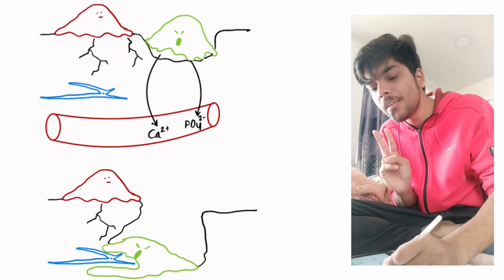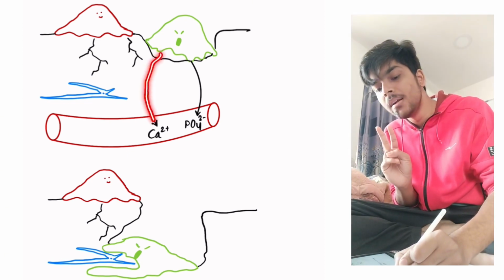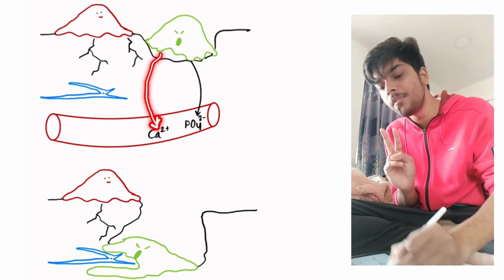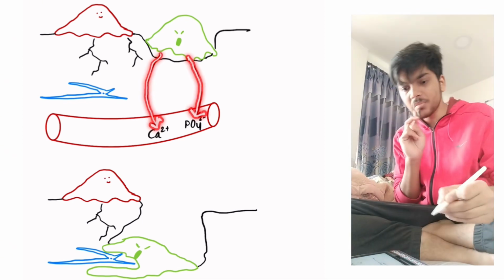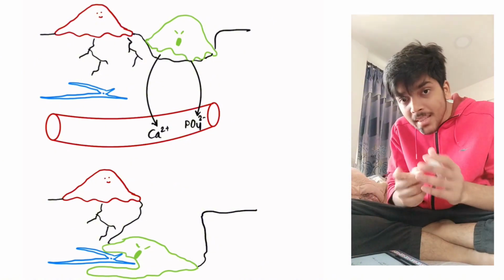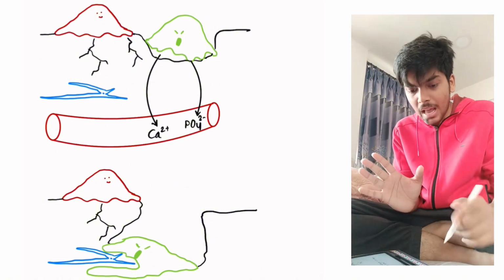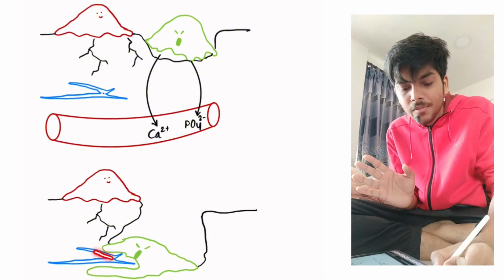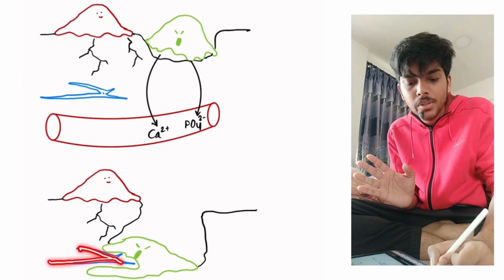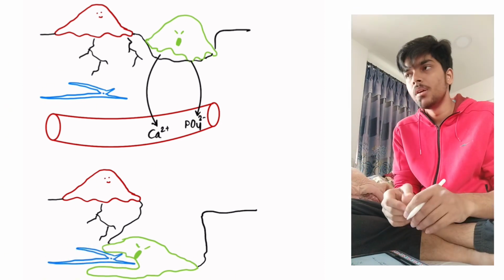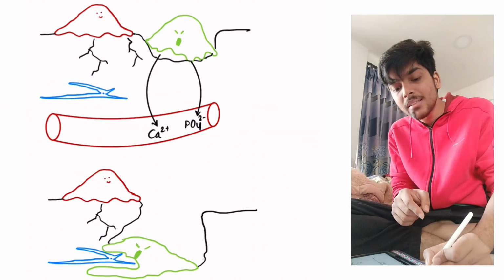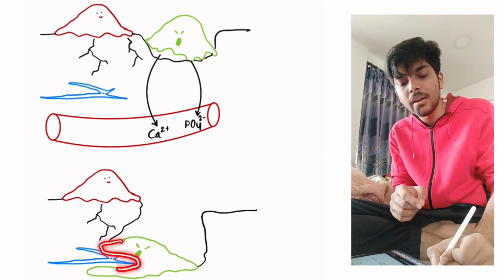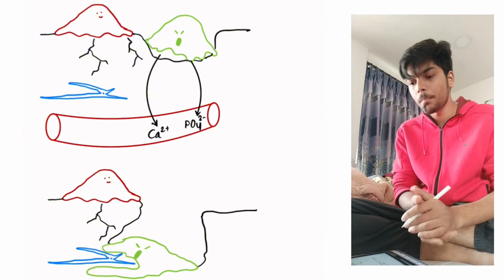So the calcium ions and the phosphate ions obtained by the dissolution of hydroxyapatite get deposited in the blood. Now, within the site of activity of the osteoclast, if the osteoclast finds a bone cell, an osteocyte, which is probably old or damaged as well, then the osteoclast cell engulfs the osteocyte and eats the osteocyte.